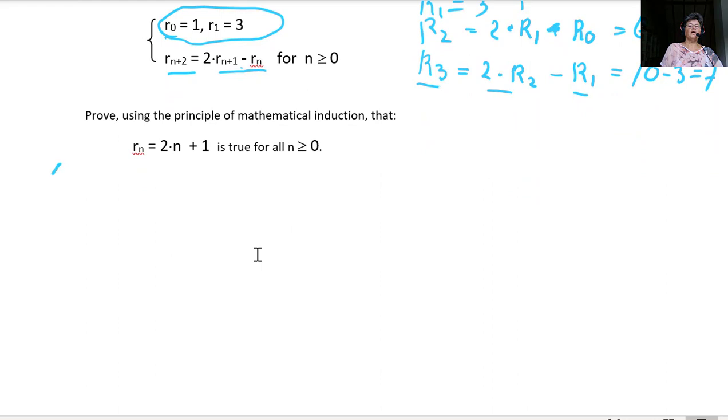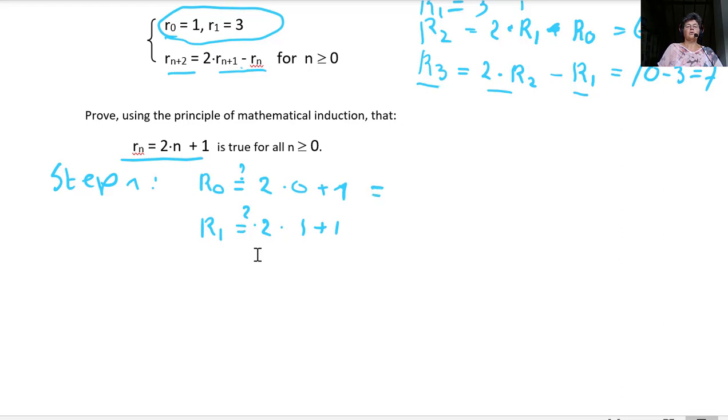So step 1, prove that this statement here is true for the first element. And in this situation you should check the first 2 elements, because we have 2 base values. So to prove that R0 equals 2 times 0 plus 1, and prove that R1 equals 2 times 1 plus 1.